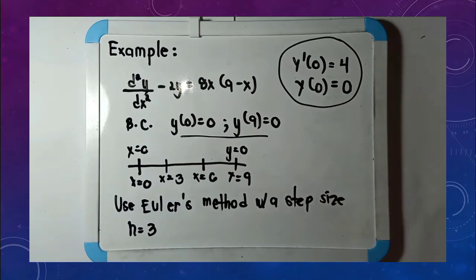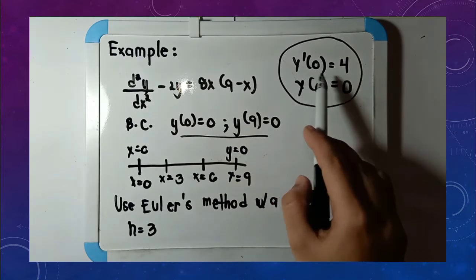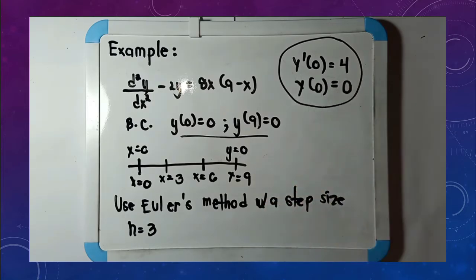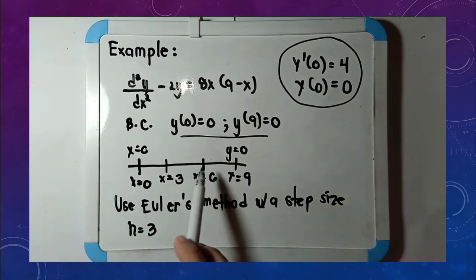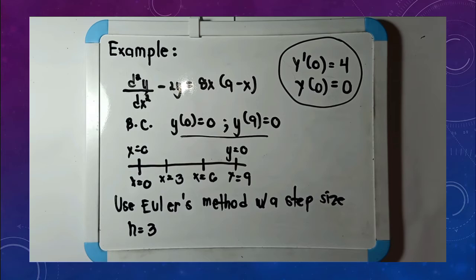Then we will assume that y prime 0 is equal to 4. And from this, we can now be able to get the value of y if x is equal to 9. So I have a question for you. Is it possible that we can get the value of y as 0 if our x is equal to 9?